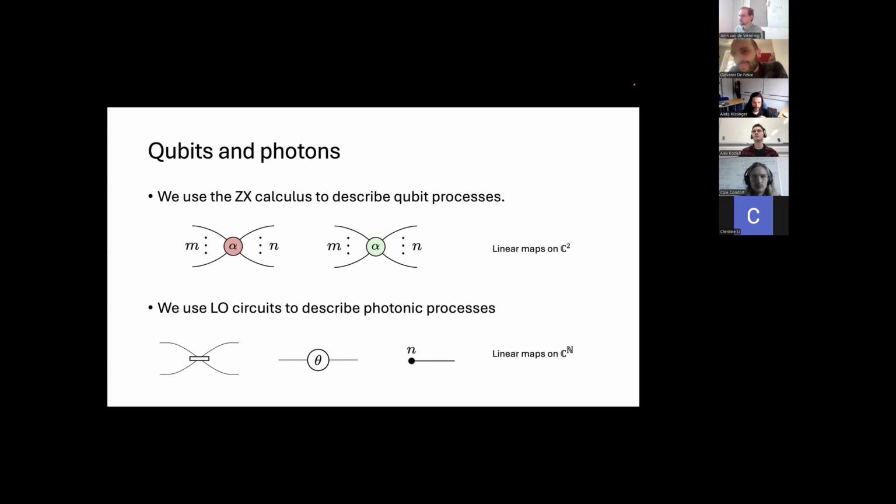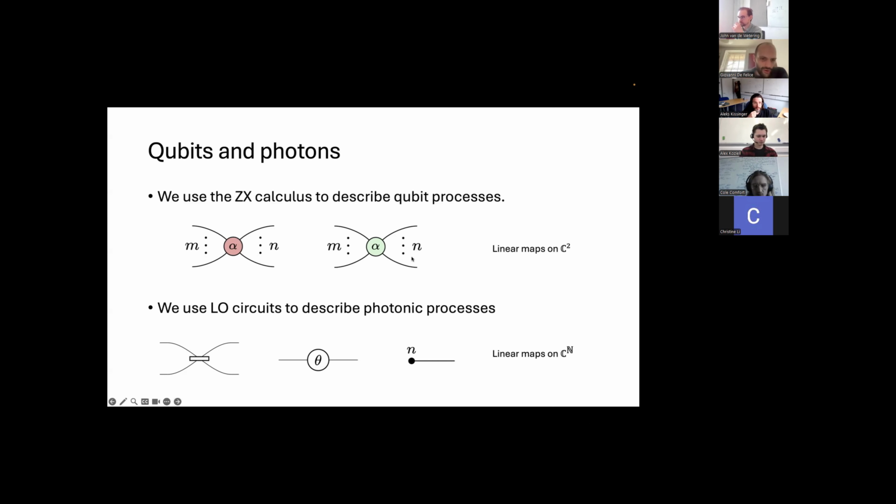All right, so first of all, we need a language to represent both qubits and photonic modes. The ZX calculus, as everyone here knows, is a very good language to describe linear maps on qubits, and you can use it to reason about quantum circuits acting on qubits.